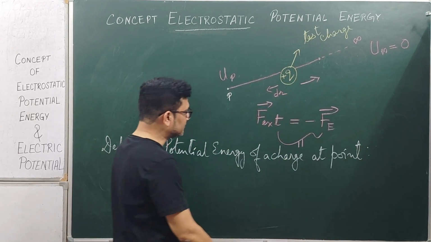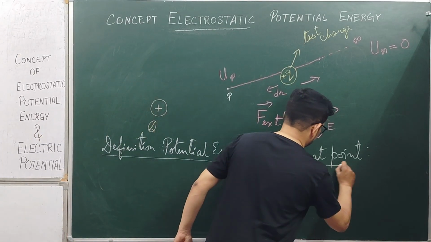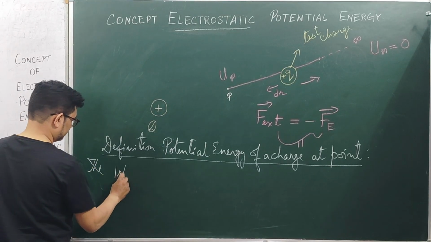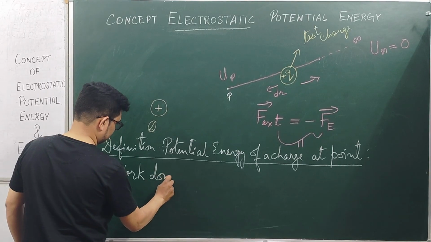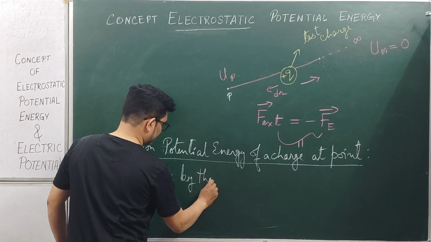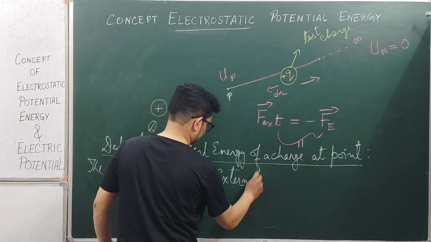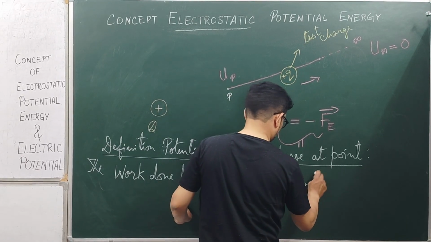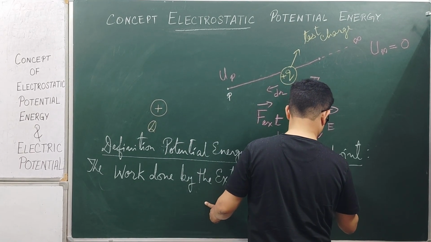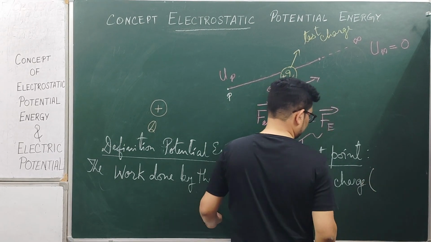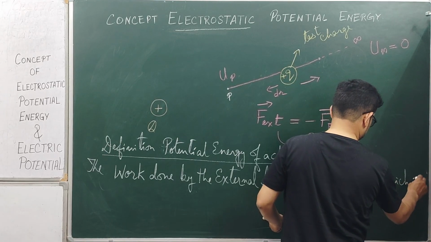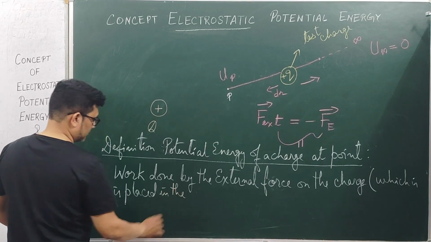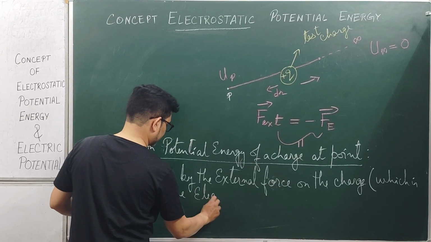Having understood the mathematical expression, let's define it in words: the potential energy of a charge at a point could be defined as the work done by the external force on the charge, which is placed in the electric field.